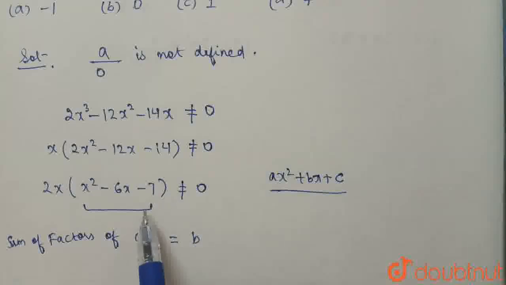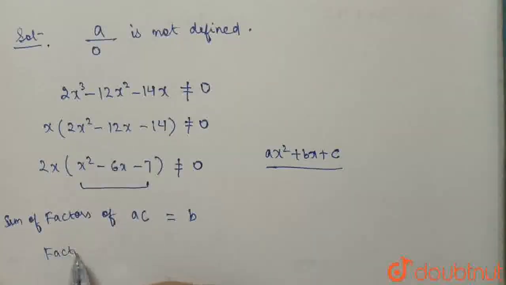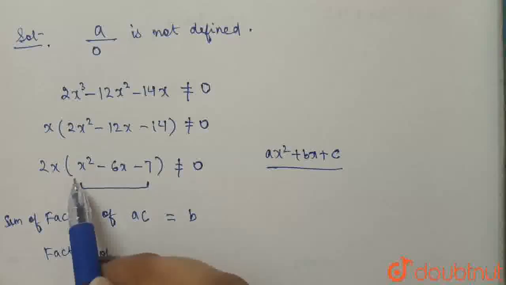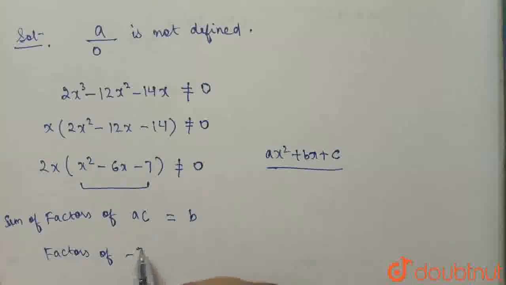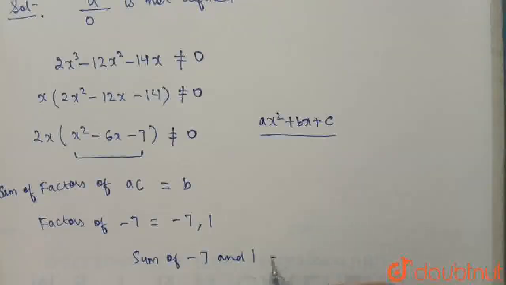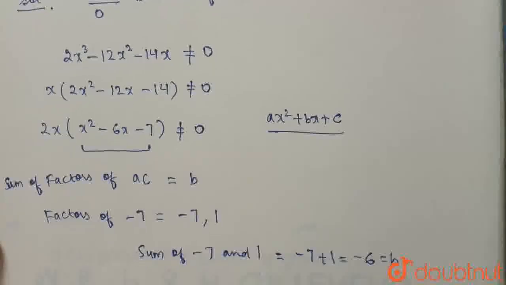That is, the factors of minus 7 here, where a is 1 and c is minus 7, are minus 7 and 1, and the sum of minus 7 and 1 is minus 7 plus 1, which is minus 6, which is equal to b, because here b is equal to minus 6.